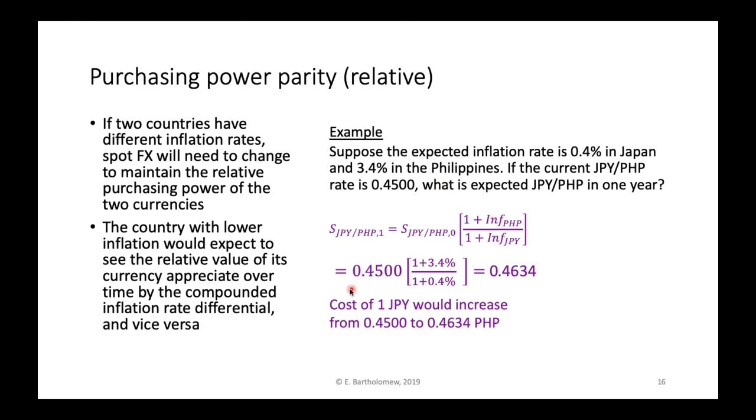So in terms of numbers, where at the beginning of the year, it would cost 0.45 pesos to buy 1 yen, given this inflation rate differential, we would expect 0.4634 pesos to buy 1 yen at the end of a year. Now notice if the inflation rates were the same, they would cancel and there would be no differential. And if the inflation rate in the Philippines were lower than it were in Japan, this number would go lower. So this would, instead of being higher than 0.45, it would be lower.